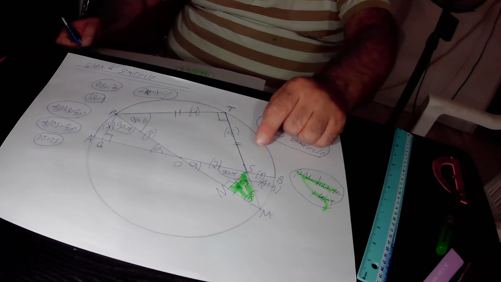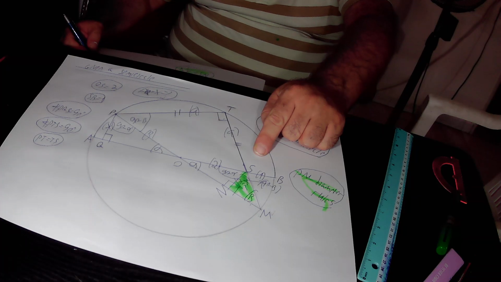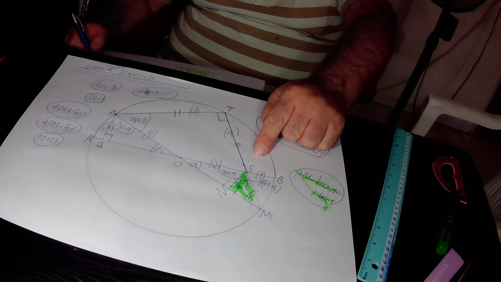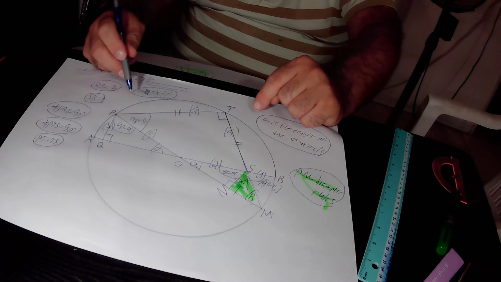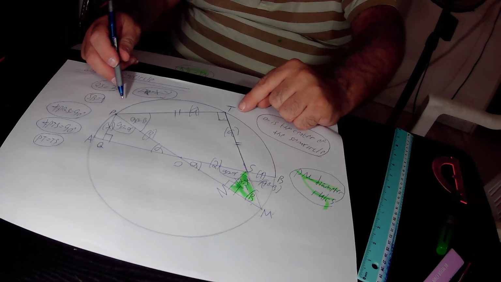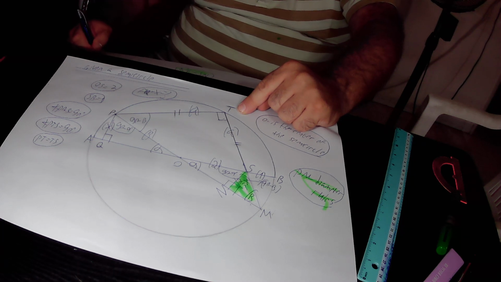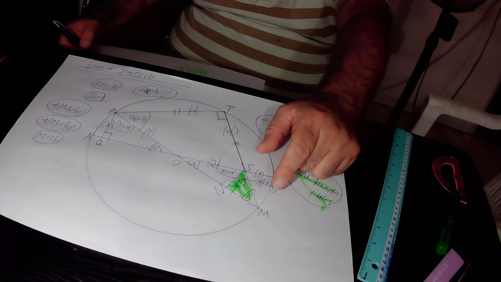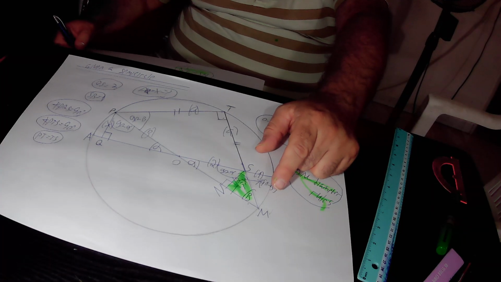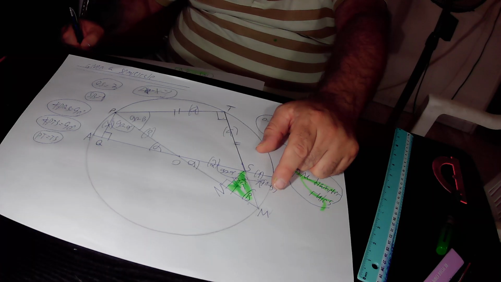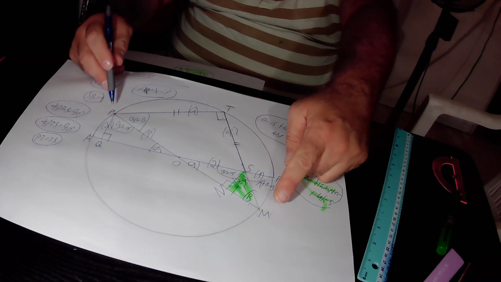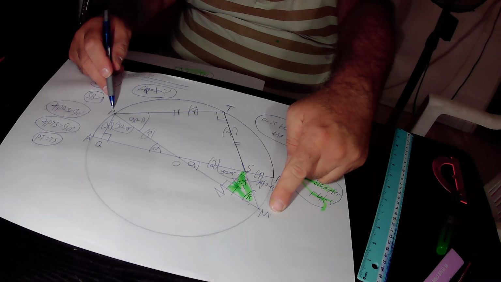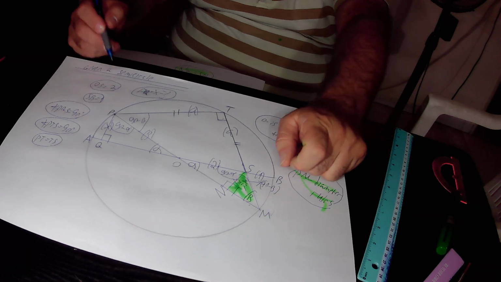We derive that side SN of the small right triangle SNM over side PT of the big right triangle PTM is equal to side SM of the small right triangle SNM over side PM of the big right triangle PTM.